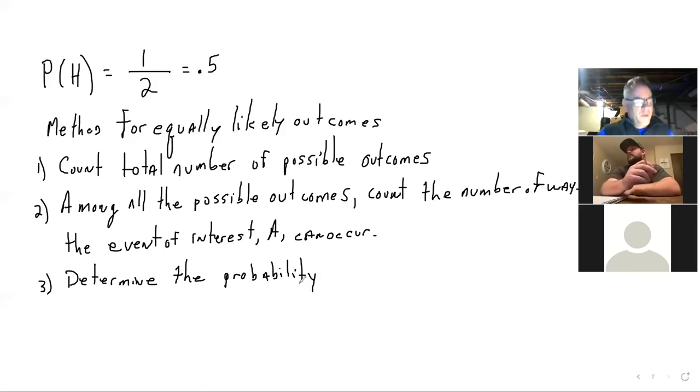Probability. Determine the probability. It is notated this way: probability of the event A occurring.